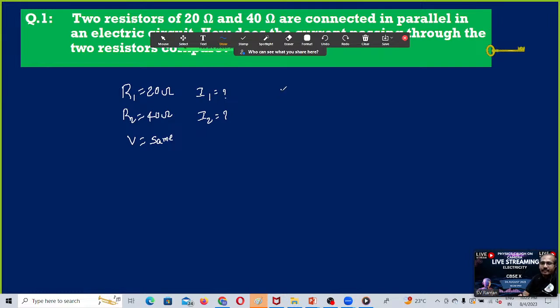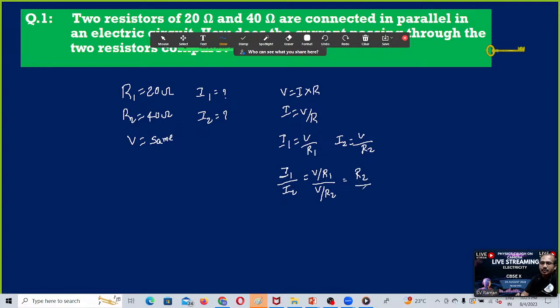As you know, V is equal to I into R, so I is equal to V by R. V value is constant. We can write I1 is equal to V by R1, and I2 is equal to V by R2. So I1 by I2 is (V by R1) by (V by R2), which is equal to R2 by R1.